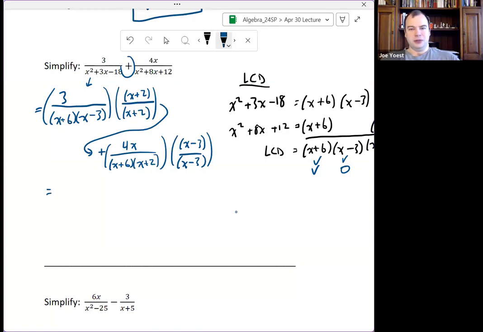Now I need to multiply my first two fractions. 3 times x plus 2 is 3x plus 6, over my LCD, (x + 6)(x - 3)(x + 2).